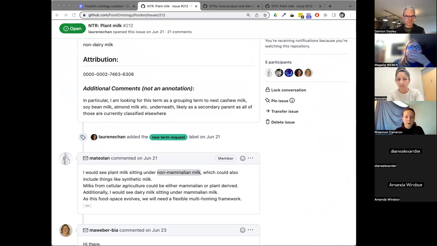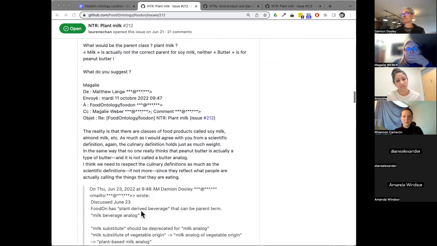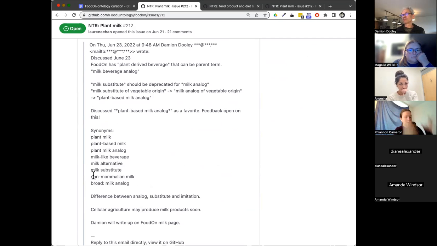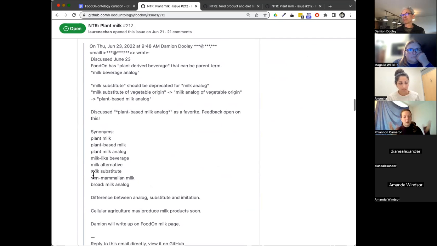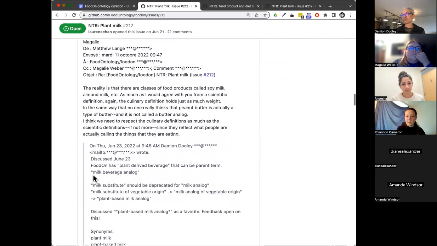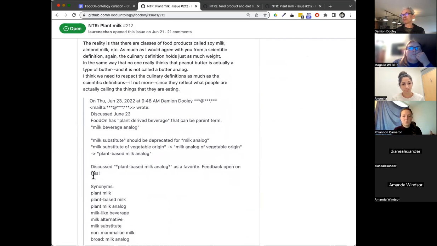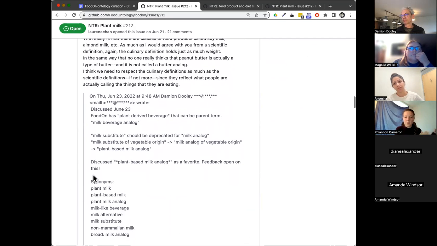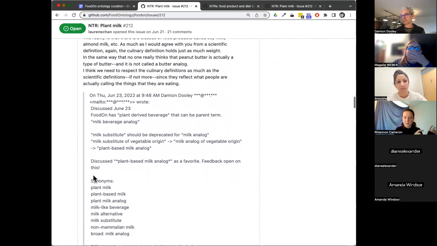I think Magali at some point suggested, well, maybe if we're applying analogs, we could apply it as a relationship instead of classes. And then someone, maybe you, was talking about how we could have classes with relations to it. So is that the substitution analog thread, and then the plant milk or non-dairy milk thread, because it's now going into a conversation of, well, what is dairy? So if you want to focus on the analog substitute conversation, I think we don't need to talk about the dairy element now.